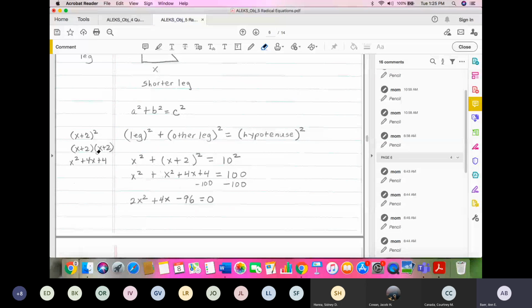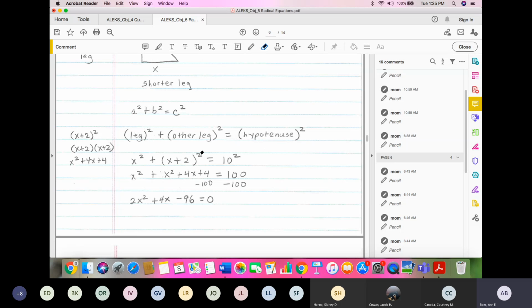So we get x times x, which is x squared, then the outer, the O in FOIL, x times 2, so we get plus 2x. We can multiply in any order. Then we have the inner 2x, so we have 2x plus 2x, which is plus 4x. Last, 2 times 2 is 4. So that's equal to x plus 2 squared.